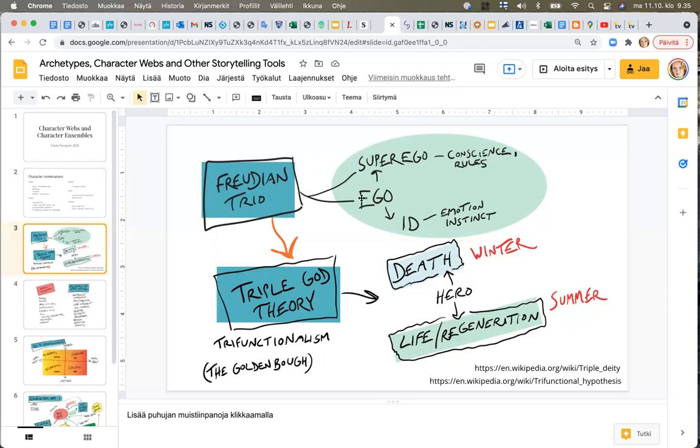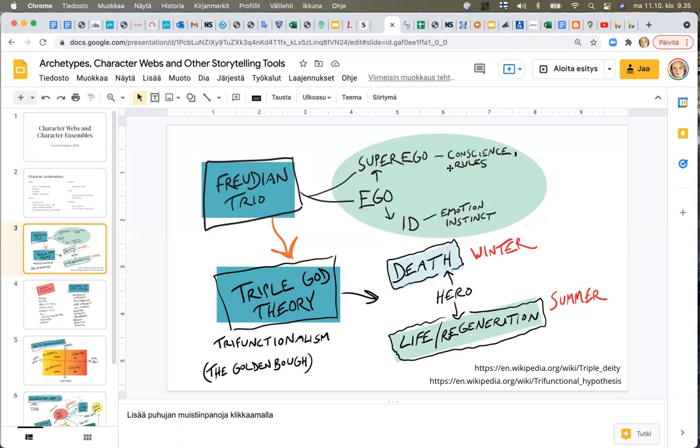There's the ego, which is the conscious self, or the self in general. Then there's the id, which is emotion and instinct, the dark side of the self, so to say. And then there's the super ego, like our higher self.